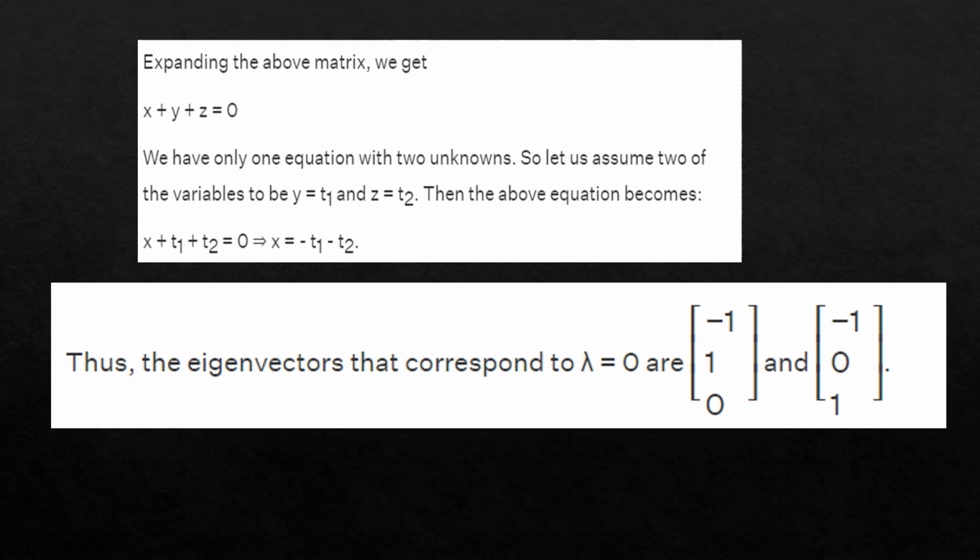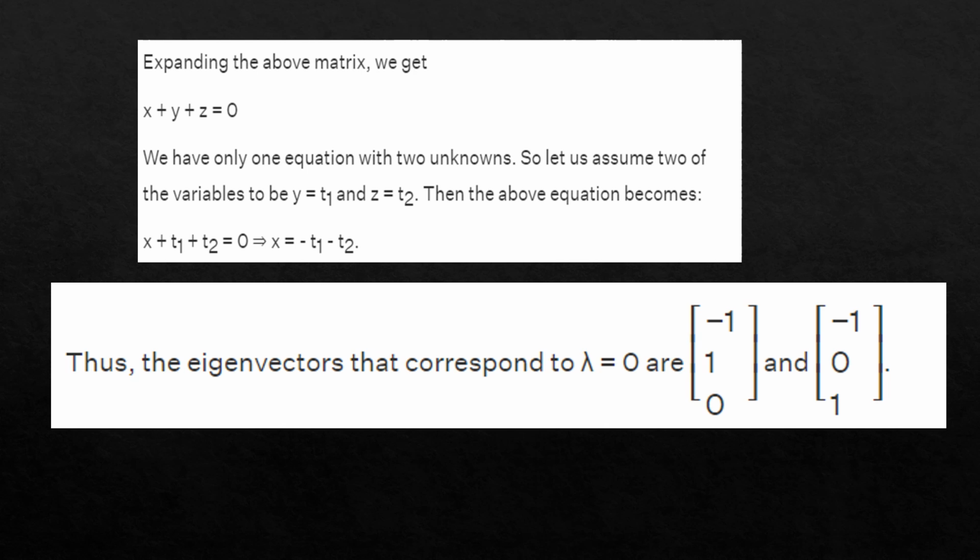So I'll assume two values: y is equal to t1 and z is equal to t2. Then x will become minus t1 minus t2.